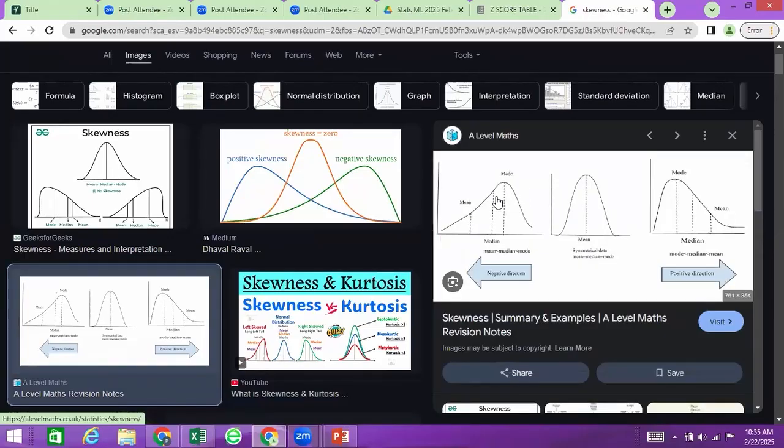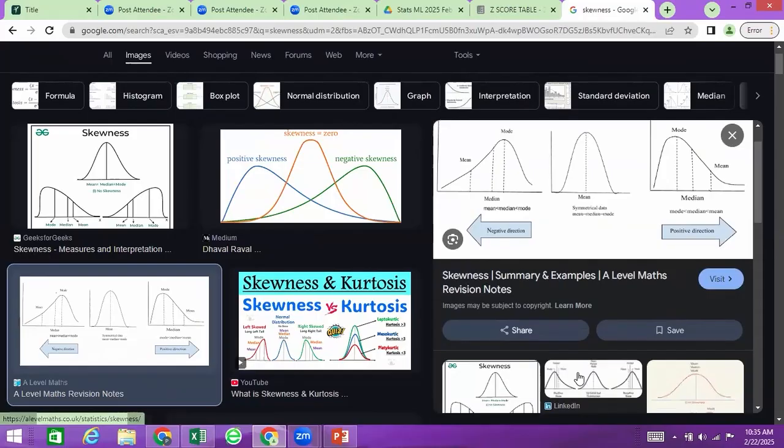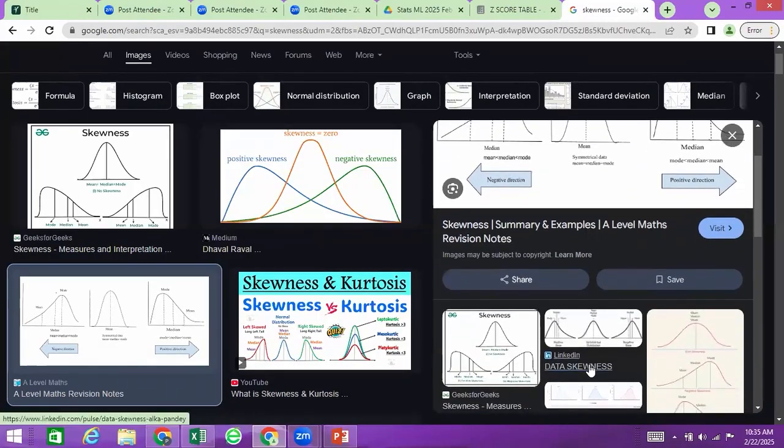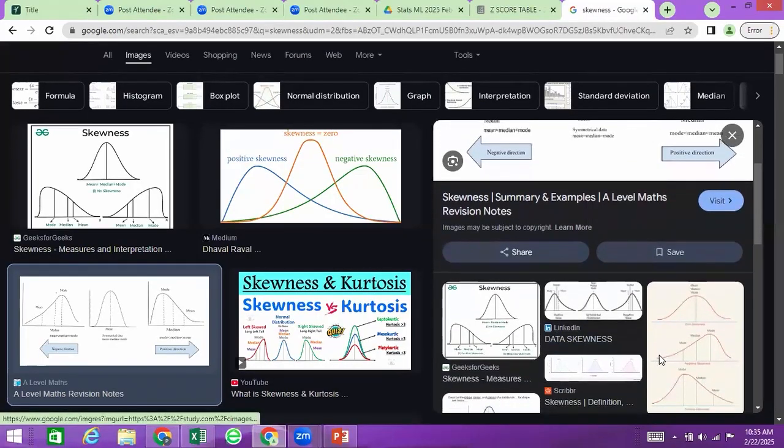If you have a fat tail towards the left side, then it is negatively skewed data. If you have a fat tail towards the positive side, we call it positively skewed data.